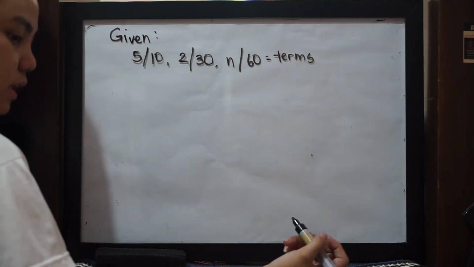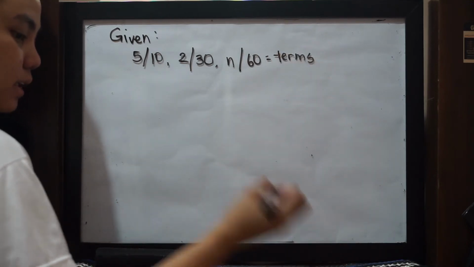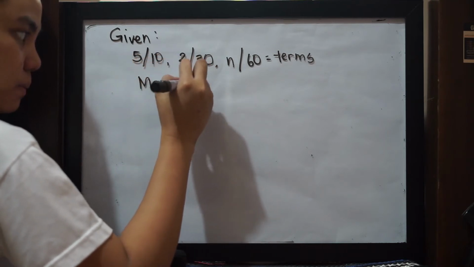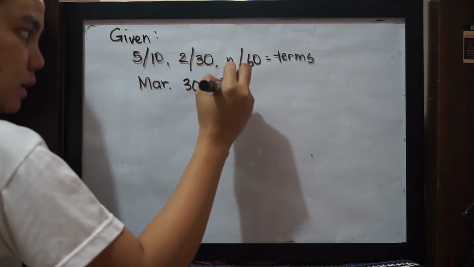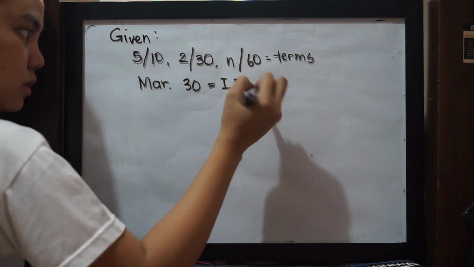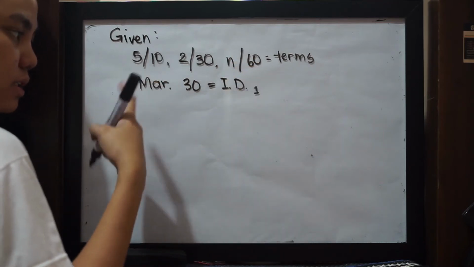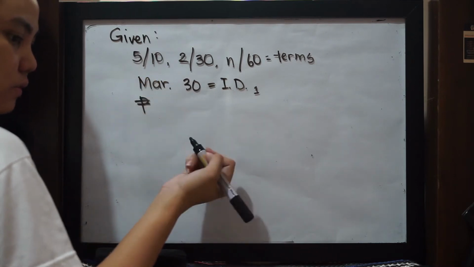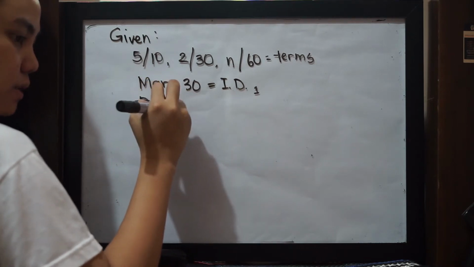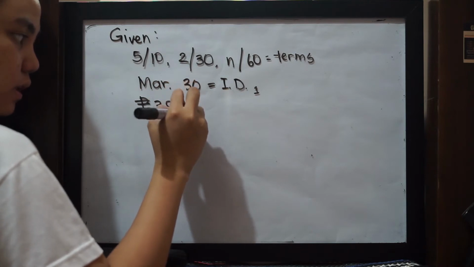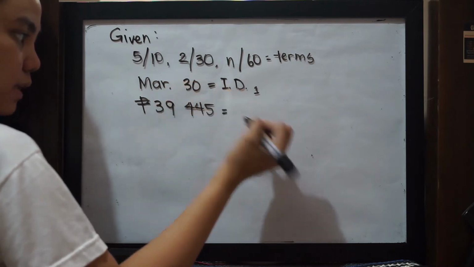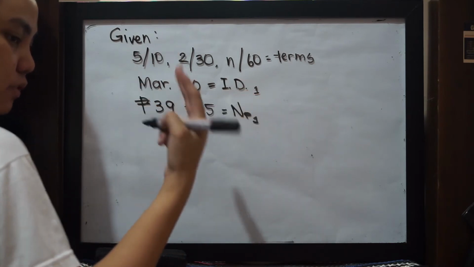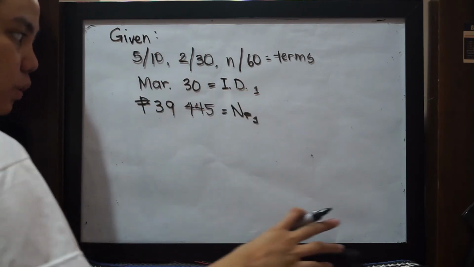Next, for the first invoice date, we have March 30. You can write ID sub 1, to indicate that this is the first invoice date. Next, we have 39,445. This is the net price sub 1, or the net price for the first given invoice.